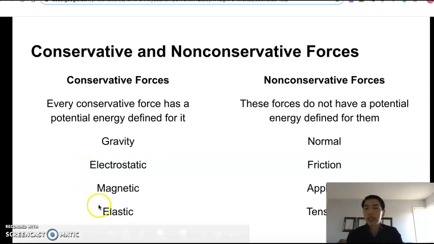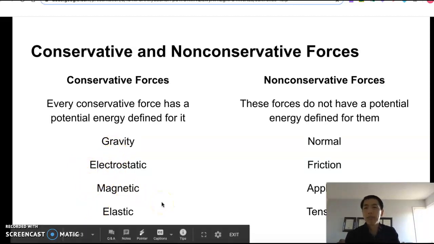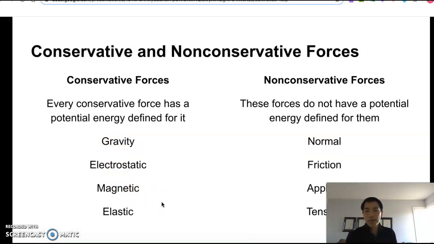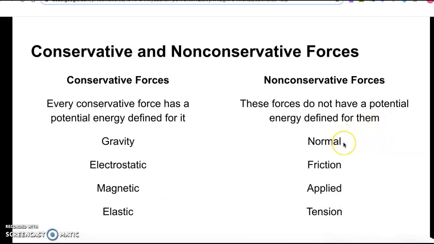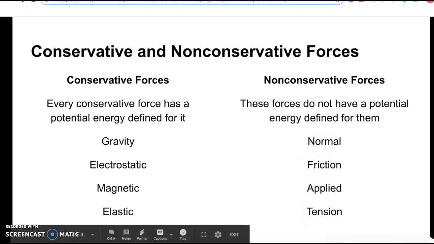So for all four of these forces, there's a formula for each one of them for its potential energy. But that's not true for the non-conservative forces. They do not fit the definition of conservative force, so they don't have any potential energy formula for them. Examples would be normal force, friction, applied force, and tension.